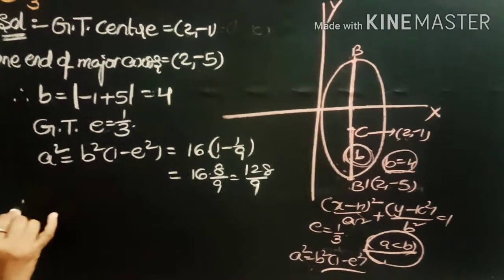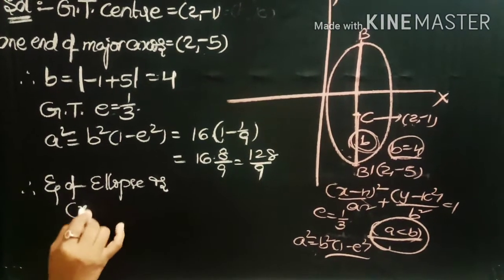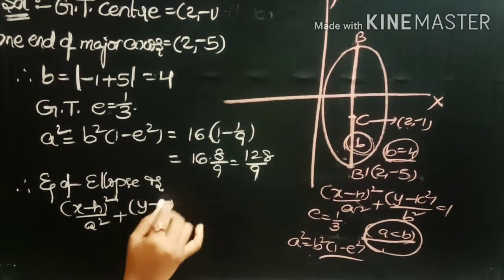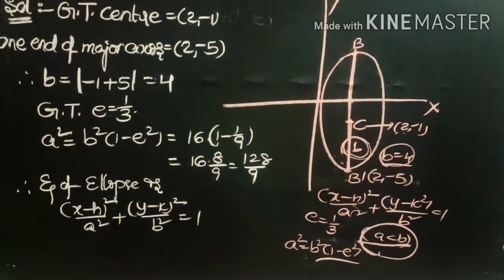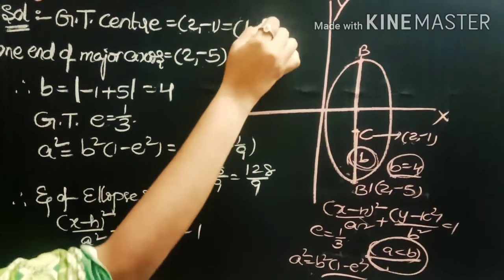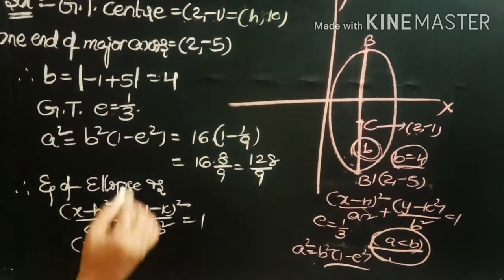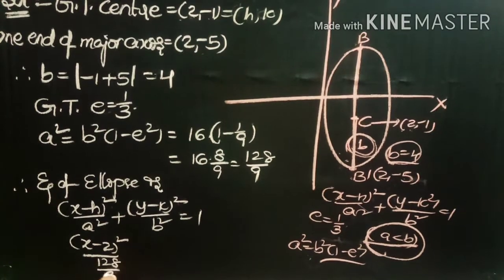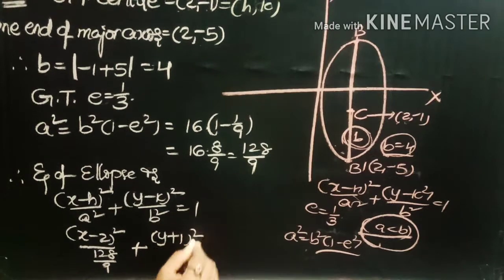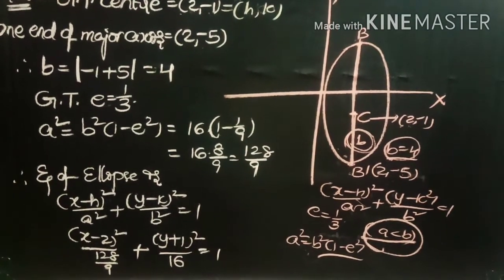Therefore the equation of the ellipse is (x minus h) whole square by a square plus (y minus k) whole square by b square is equal to 1. Now replacing the values, here (2, minus 1) is nothing but (h, k). So (x minus 2) whole square by 128 by 9 plus (y minus minus 1), that is (y plus 1) whole square by b square, where b is equal to 4, that is 16, equal to 1.